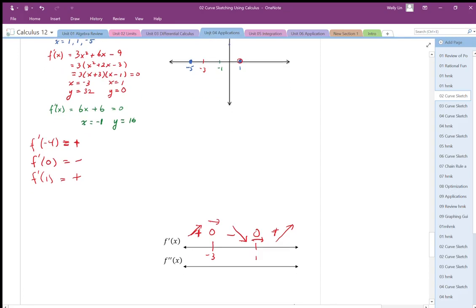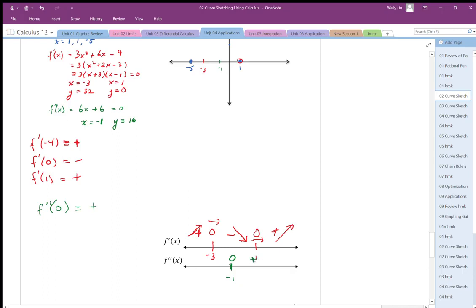For our concavity chart, we're going to use negative 1. And then just test on both sides of negative 1. So I'm going to go f double prime of 0. That's an easy coordinate to test. I know I have positive concavity.